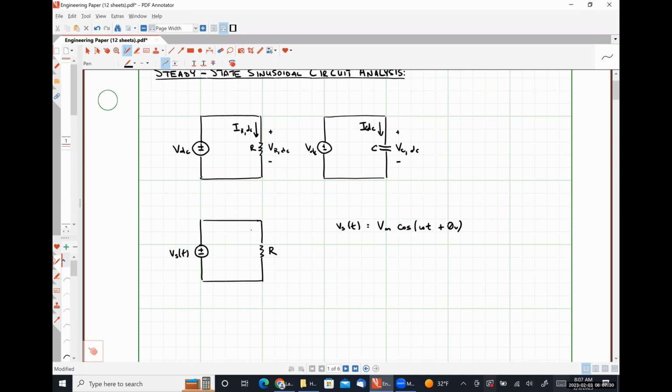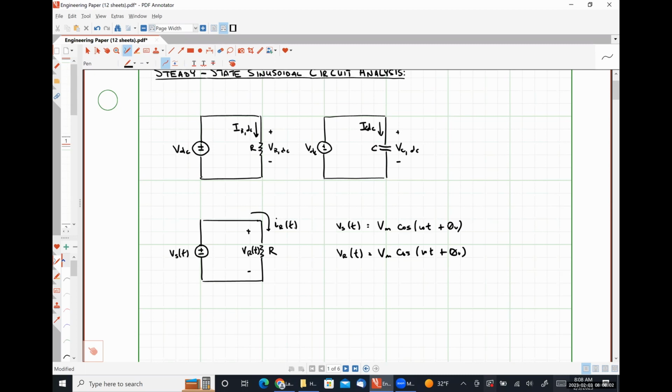So what would we expect the voltage drop across our resistor to look like? The exact same thing, because the resistor is in parallel with the voltage source, right? So VR of t would also be Vm cosine omega t plus theta v.